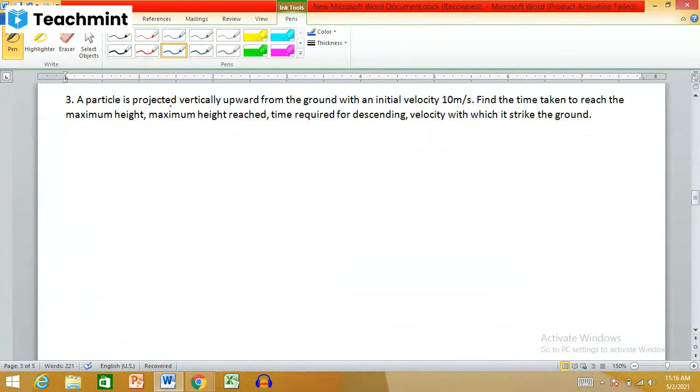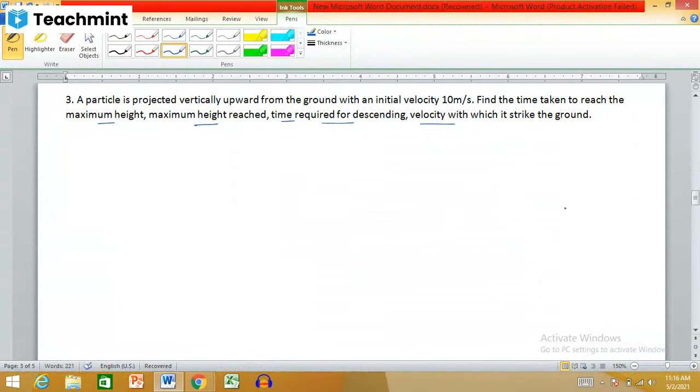A particle is projected vertically upward from the ground with an initial velocity of 10 meter per second. Find the time taken to reach the maximum height, the maximum height reached, the time required for descending, and the velocity.